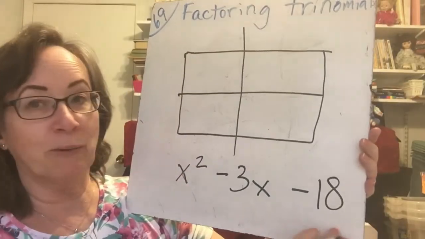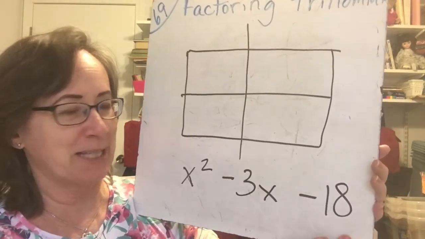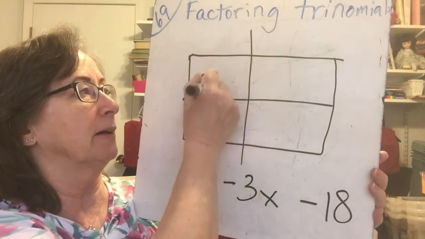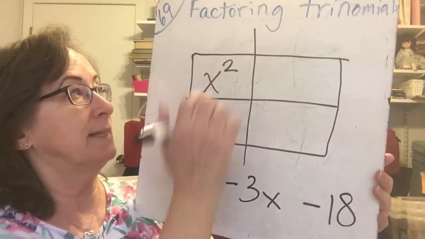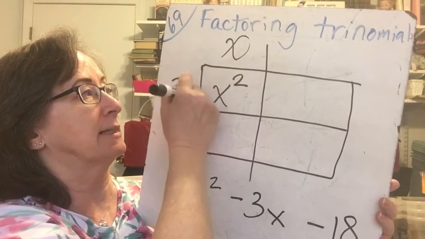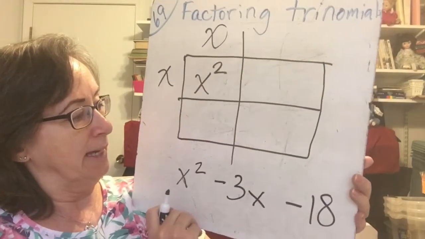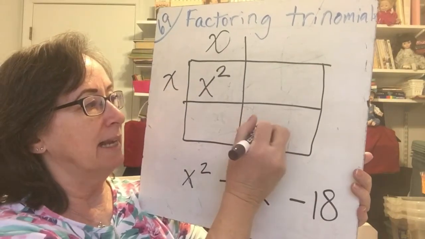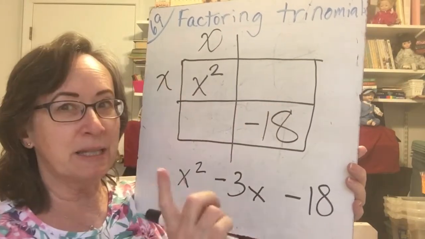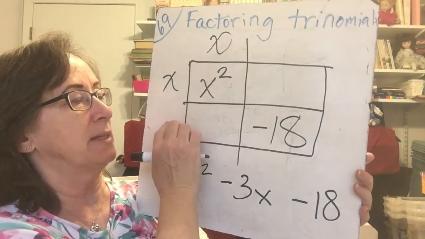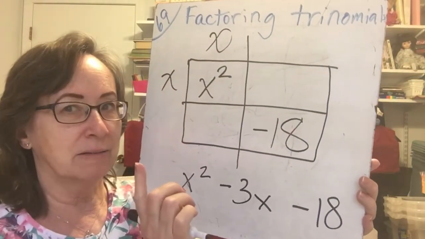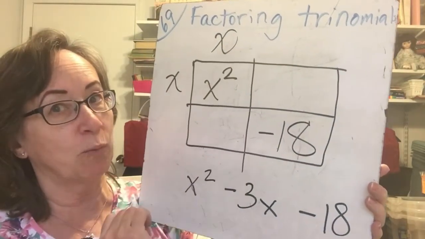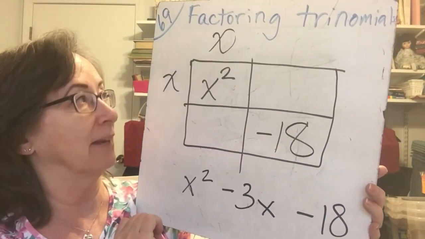Okay, so now we're going to factor one of the ones that we just multiplied together. But remember that this x squared was the product of the x times the x, okay? And this 18, this negative 18, was the product of this one times this one, okay? Now, I know that one of these has to be negative, but I don't know which one is negative, okay?